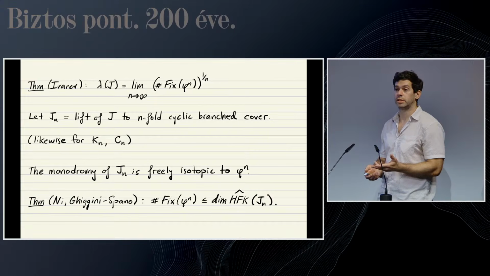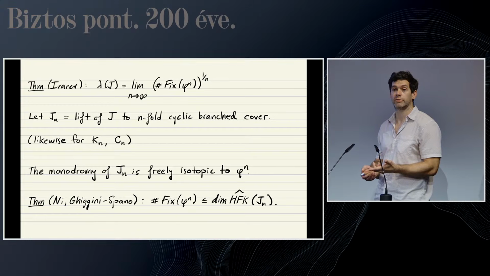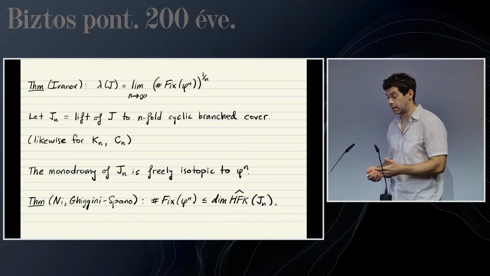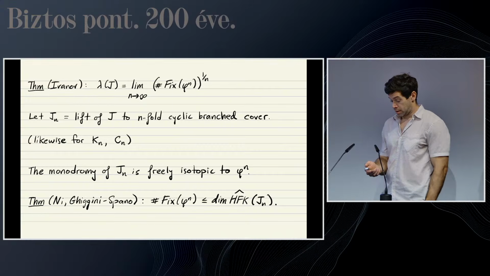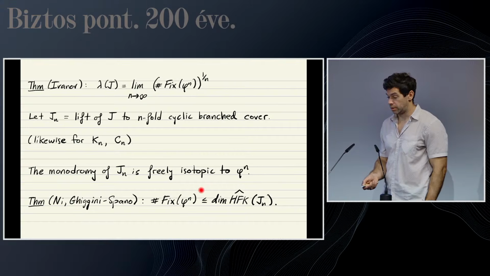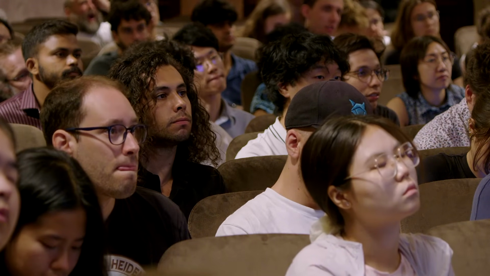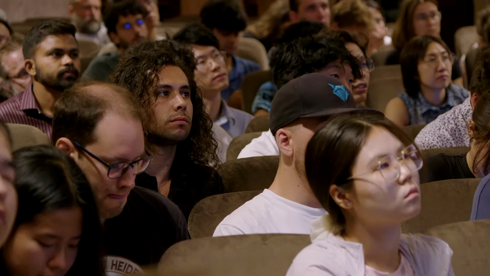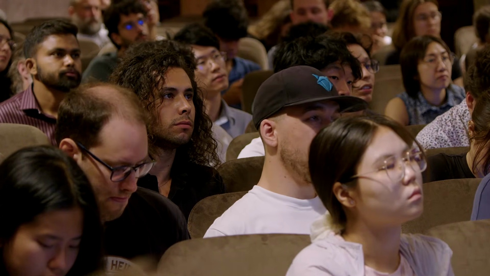So knot Floer homology provides a bound on the number of fixed points of its monodromy for any fibered knot. So in particular, for this fibered knot J_n, this gives us a bound on the number of fixed points of phi to the n. Okay. So that's what we're going to use to try to control this dilatation. And we want to control it, remember, in terms of the knot K.